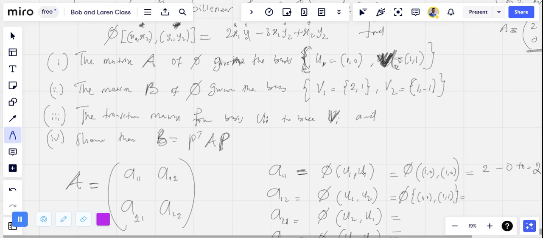But let's try and check again. I have 1 comma 0 and I have 1 comma 1 as my u2. So let's check from here. Let me create a worksheet for that. 2 times my x1, 1, then times y1, 0. Then minus 3 times my x1, which is 1, and my y2 is 1.